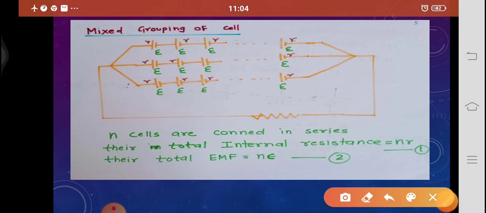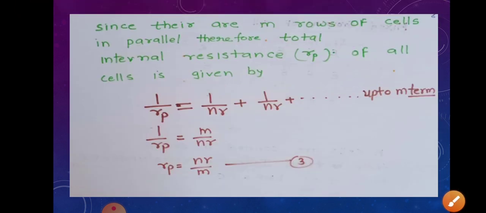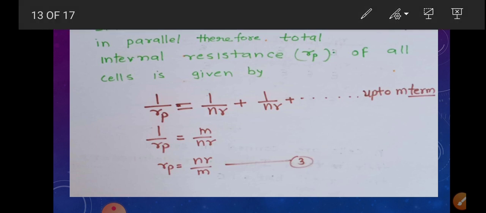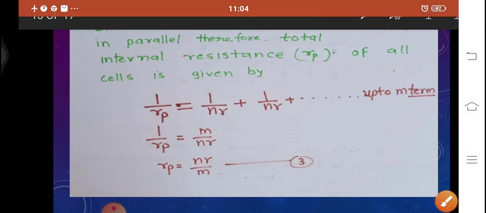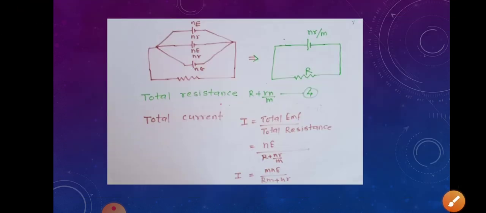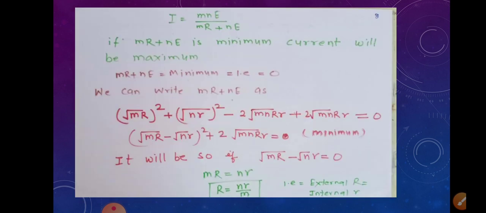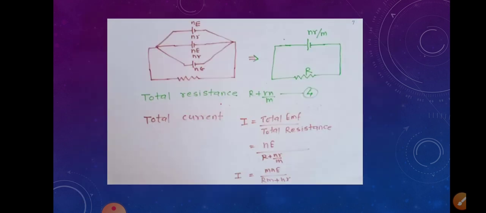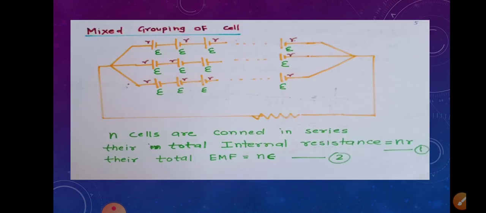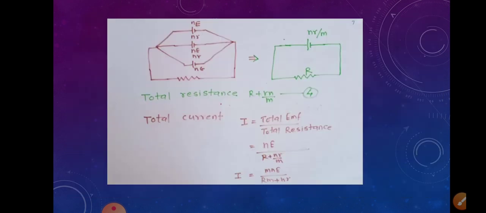Now how many times nr? 1 by nr, 1 by nr, up to m terms. So 1 by Rp equals m upon nr. This is the resistance in parallel combination. Now nr added in parallel becomes nr upon m.